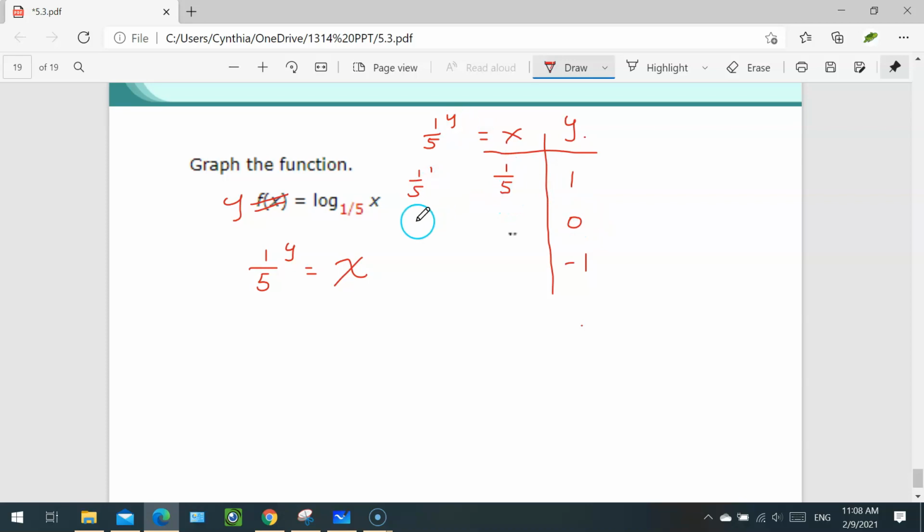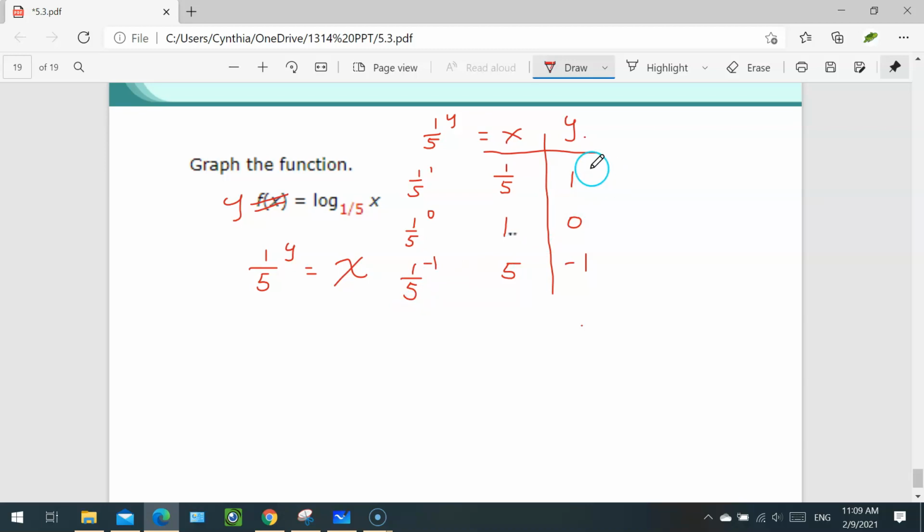Plug in 0 for y, we get (1/5) to the power 0, and any number to the power 0 is 1. Plug in negative 1, so you have (1/5) to the power negative 1. This is equivalent to 5. You just turn it upside down, finding the reciprocal.